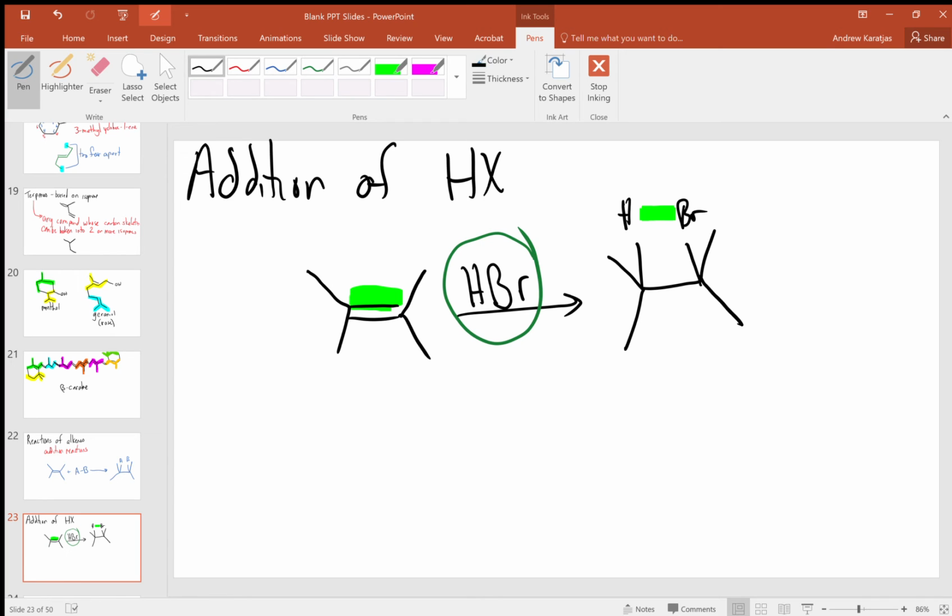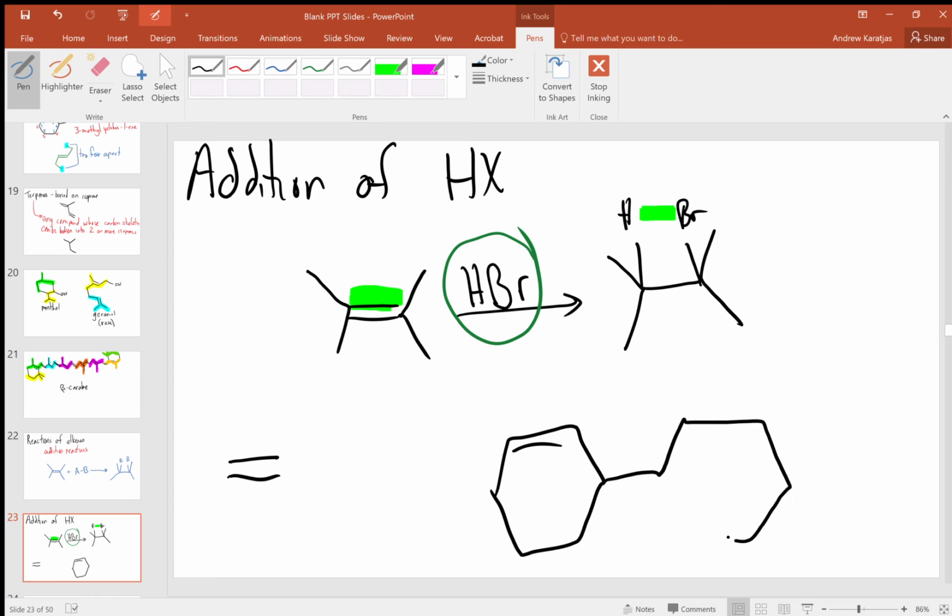So it doesn't matter whether your alkene is as simple as this one, or much more complicated like this one is.